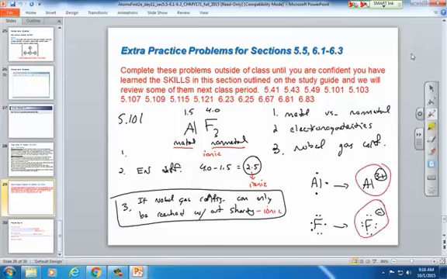So we're going to create these charges in order to make a noble gas configuration. And then the formula that we have is going to involve a ratio of those two charges so that the overall charge is balanced out. We need 3 negatively charged fluorides to balance the 3 plus charge on an aluminum. So that was question 5.109.